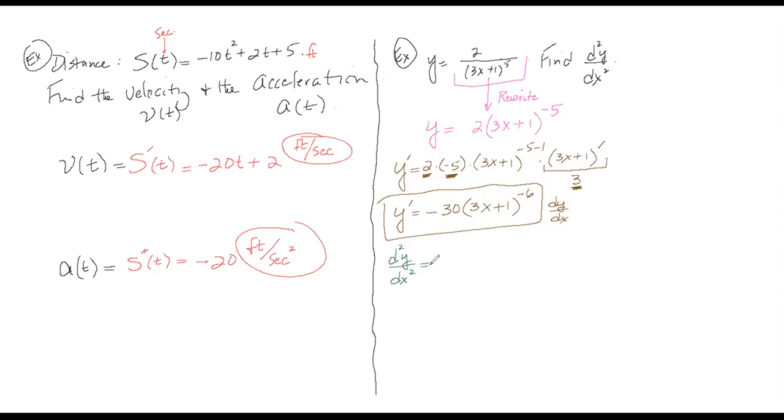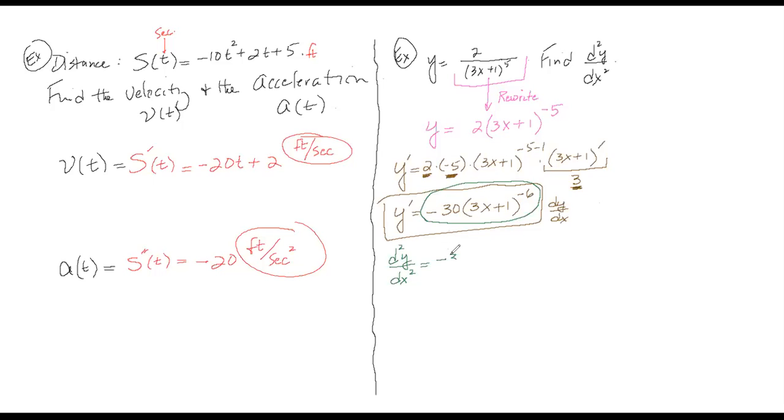Now, I need the second derivative. So what rule would I apply to do the derivative of this again? Folks, are you still there? Yes. What rule would you apply to do this derivative now? The chain and power. Yes.